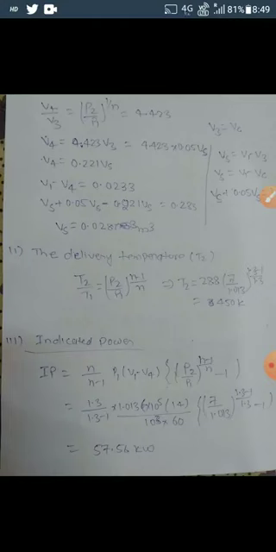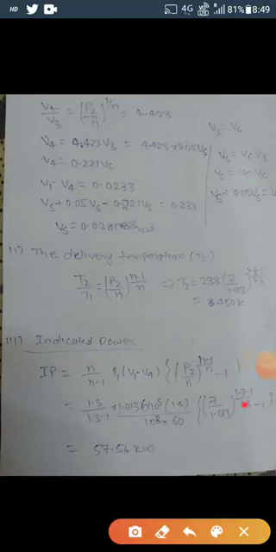P2 is 7, P1 is 1.013, and put the value of n as well. Finally you find 57.56 kilowatt. So thank you friends.